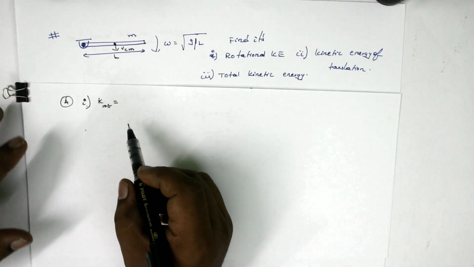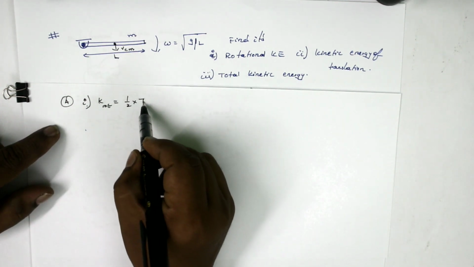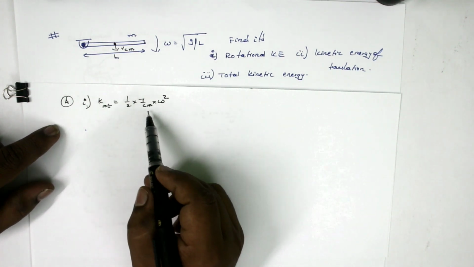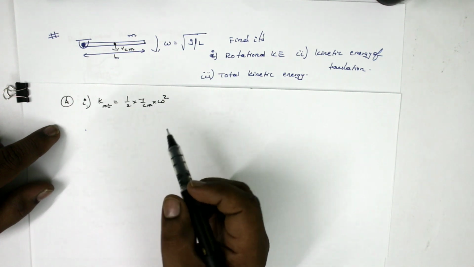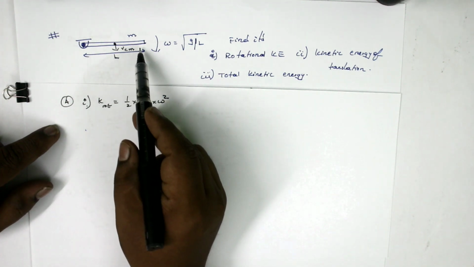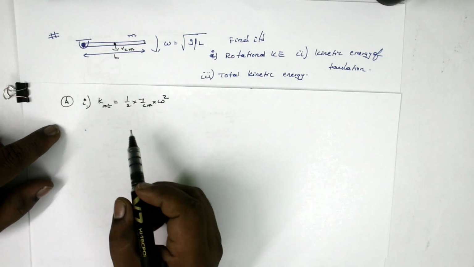Rotational kinetic energy, we have already discussed the equation: half into I center of mass into omega square, if I consider only rotational kinetic energy. And I center of mass is nothing but ml square by 12, if the axis is present for the rod exactly on the center of mass.